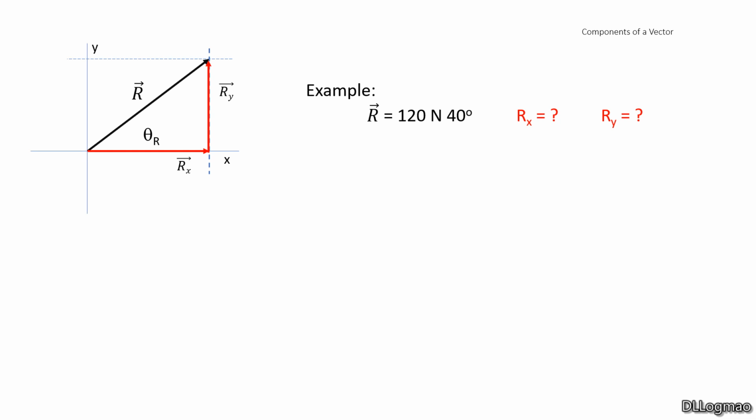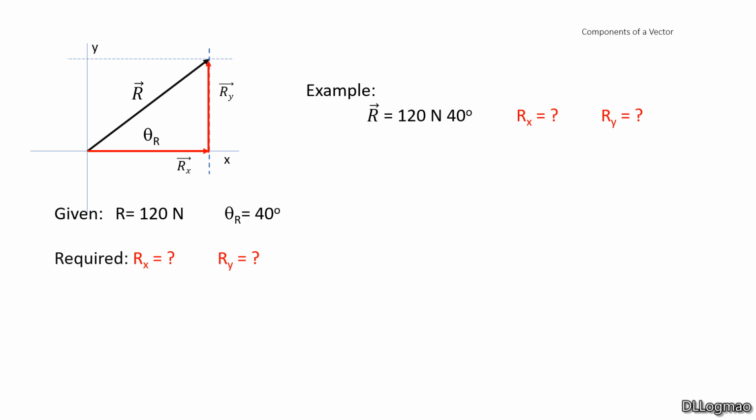Going back to our example, how is r sub x and r sub y obtained? The magnitude of vector r is 120 newtons and the direction theta sub r is 40 degrees. The required are r sub x and r sub y.